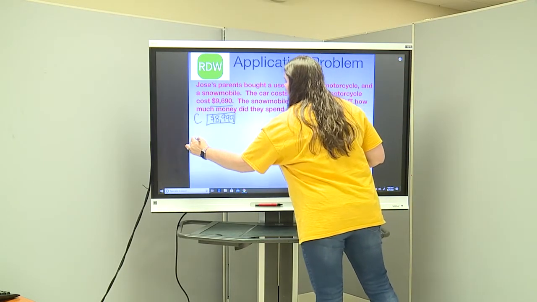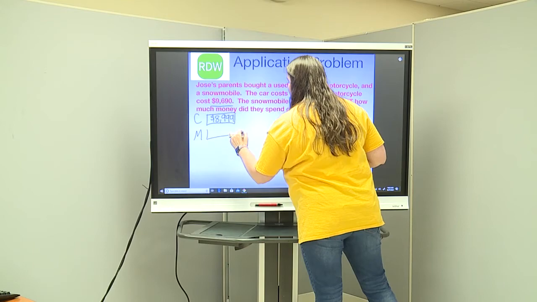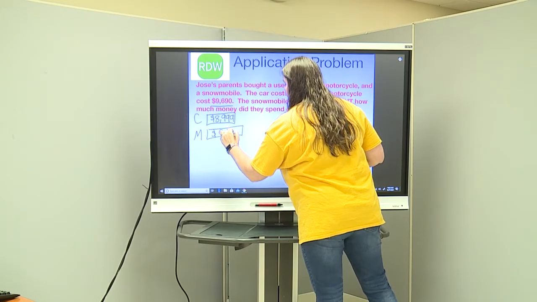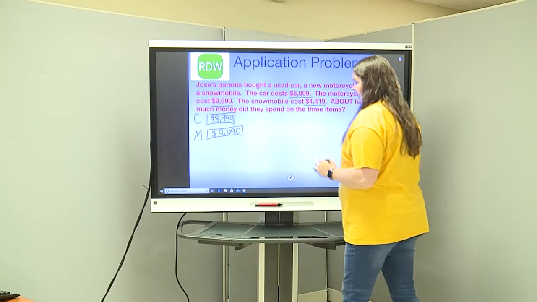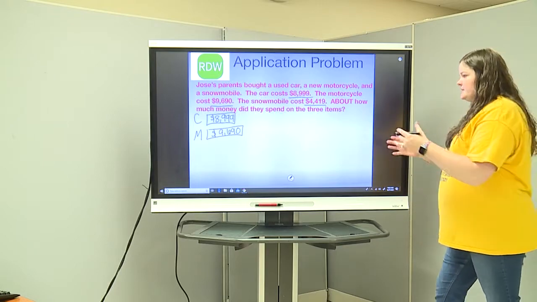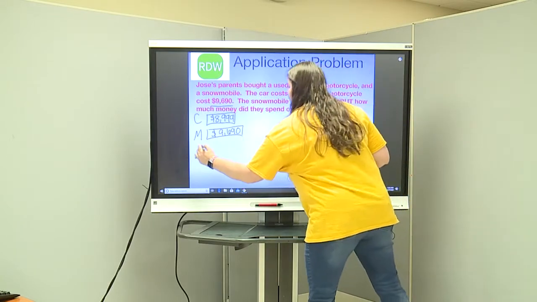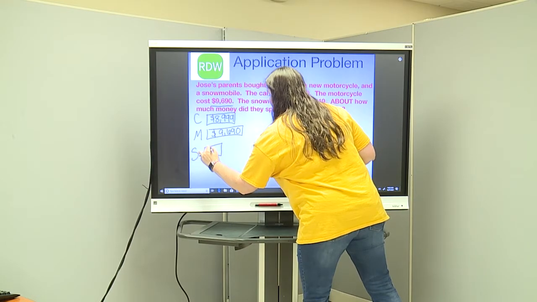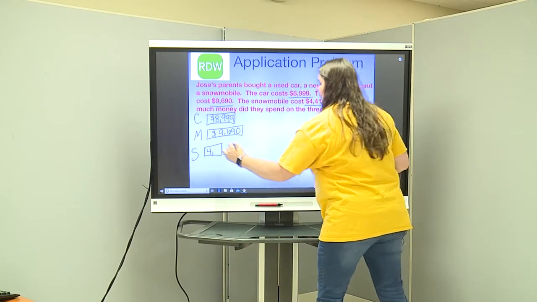So it cost more, a little bit more. So that tape diagram is going to be a little bit longer. And it was $9,690. And then the snowmobile was $4,419. So it was the least expensive. So we'll use S for snowmobile. And again, it was $4,419.